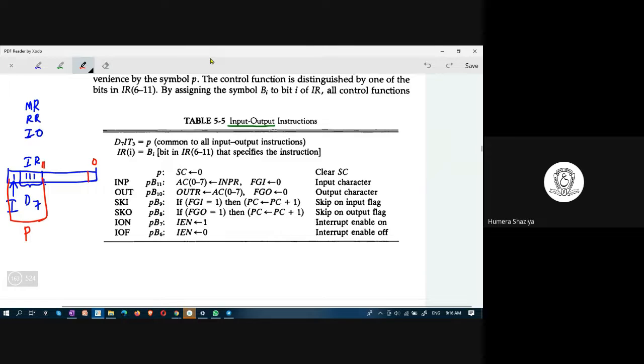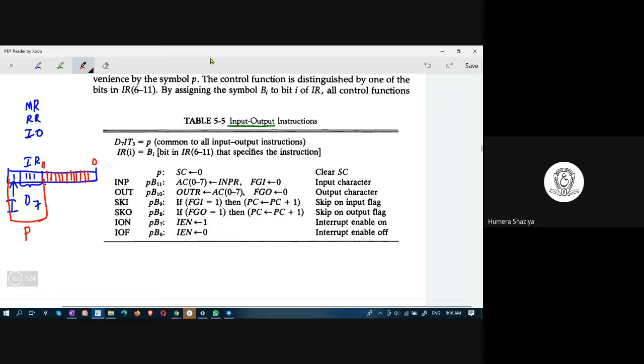So this is 0th bit, 1, 2, 3, 4, 5, 6. So 6 to 11 means how many total you get? This is 11, this is 10, 9, 8, 7, 6.